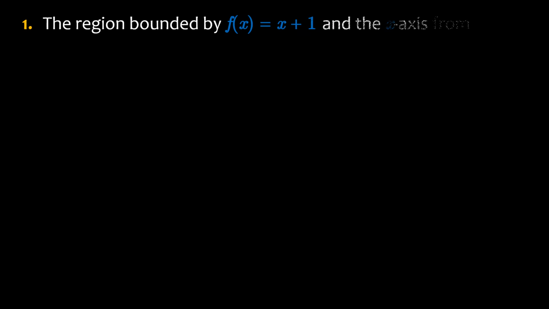Number 1. The region bounded by f of x equals x plus 1 and the x-axis from x equals 1 to x equals 4. Solution.